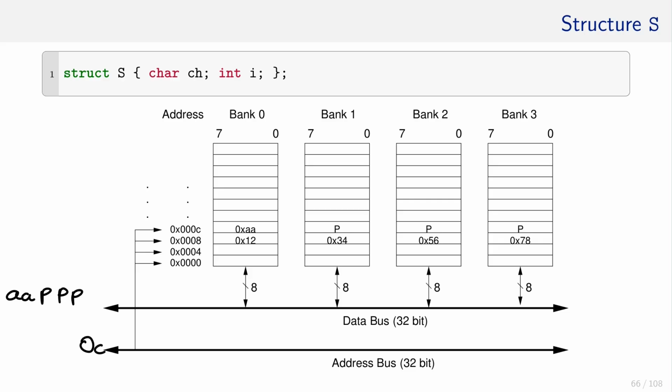The value of the character, including the padding fields, is read in one clock cycle. If the integer is read, also one clock cycle is required to copy the data onto the data bus. However, in this case, it is a type of 4 bytes. Hence, the compiler will choose 32-bit operators for this value.